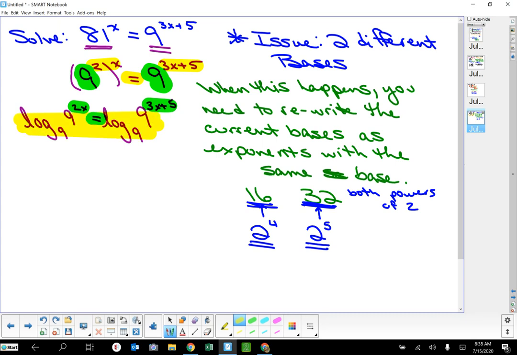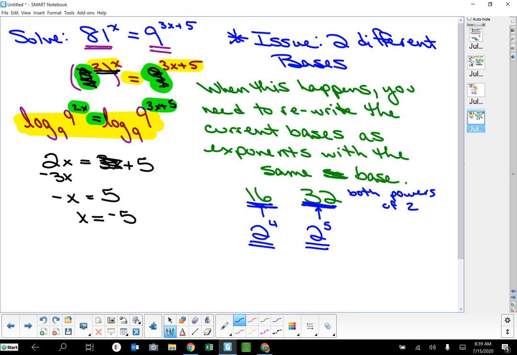These 9s are essentially gone, and these become the equation: 2x equals 3x plus 5, and then I solve. I'll bring this over here, so minus 3x, cancel here. Negative x equals 5, so x equals negative 5.